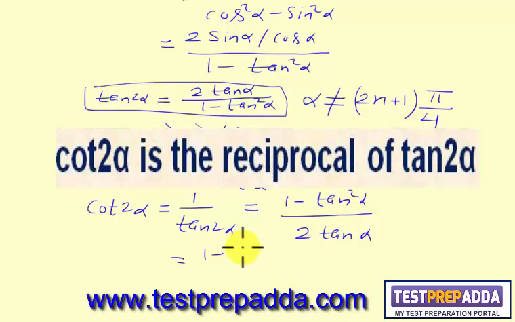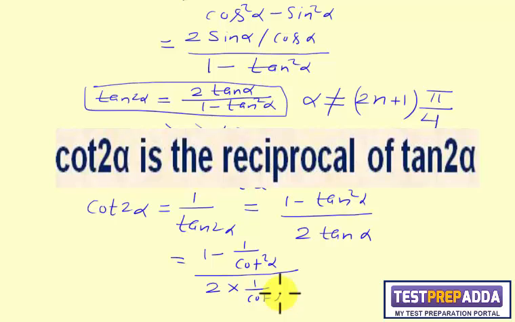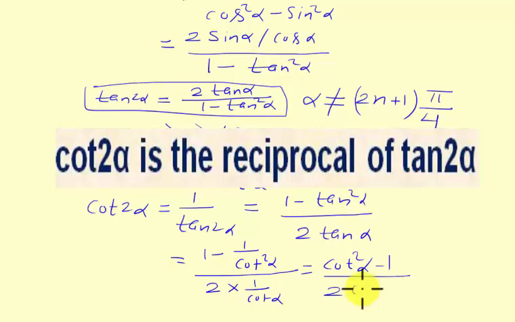So it becomes 1 minus 1 upon cot square alpha upon 2 into 1 upon cot alpha, which is finally written as cot square alpha minus 1 upon 2 cot alpha.